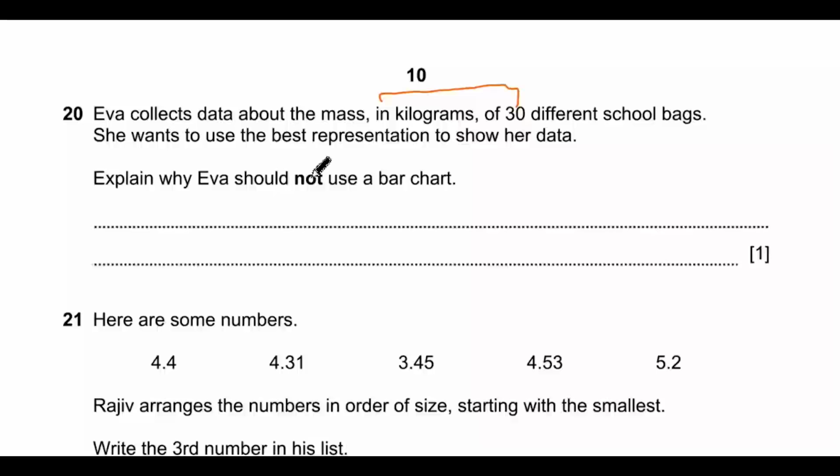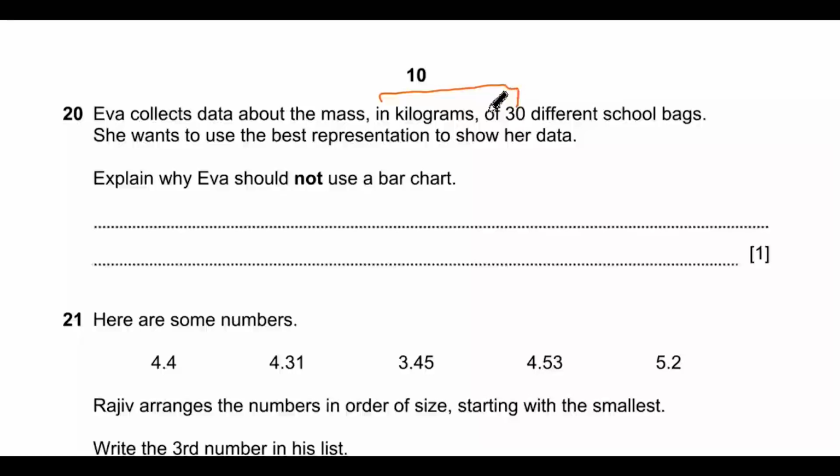Okay, so if you have a continuous data and you want to use bar charts, so the data must be a grouped one. It must be a grouped data. Okay, so some of the answers we could write here will be the data is a continuous data. So a bar chart is not expected there.